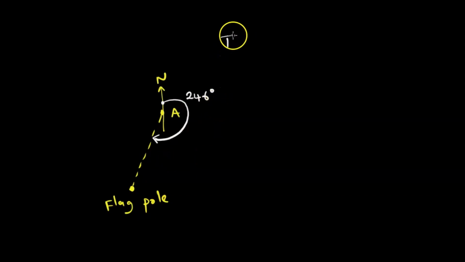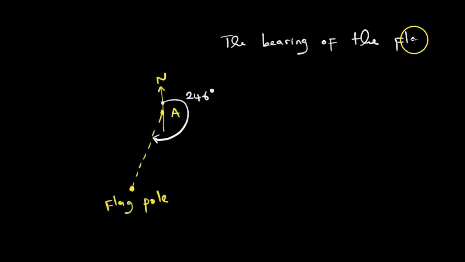Saka tinenge tangonyora tichiti the bearing of the flagpole from A is 246 degrees.